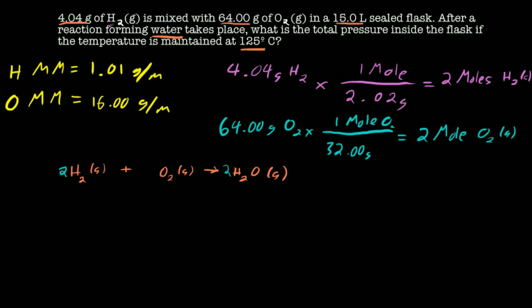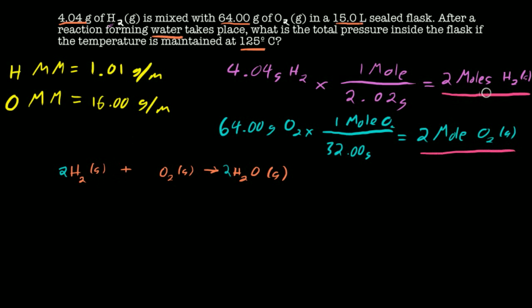But maybe in balancing that, you see a bit of a problem with how many moles of each gas we have, because we've got 2 moles of hydrogen and 2 moles of oxygen. In order for us not to have a limiting reactant in this reaction, we would have needed twice as much hydrogen.